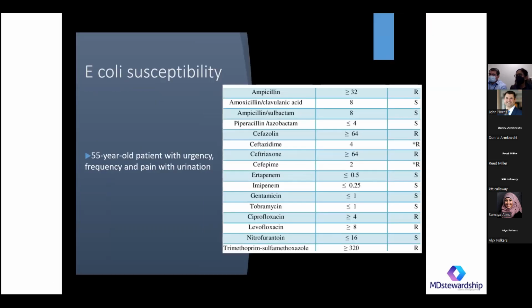So we wanted to give an example. We see a lot of urinary tract infections in our clinics, in ERs, in urgent care. A patient might have a urinary tract infection, and most of the time it's going to be E. coli, one of the gram negatives. Here we have a susceptibility pattern.